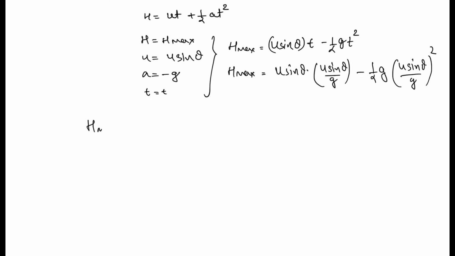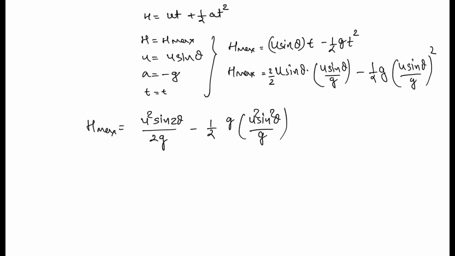So we can write h max is equal to, now if we divide by 2 and multiply by 2, it will look like sin 2 theta. So we can write u square sin 2 theta divided by 2g minus half g into u square sin square theta divided by g. Sorry, here it is sin square theta. It is not 2 theta, it is sin square theta.